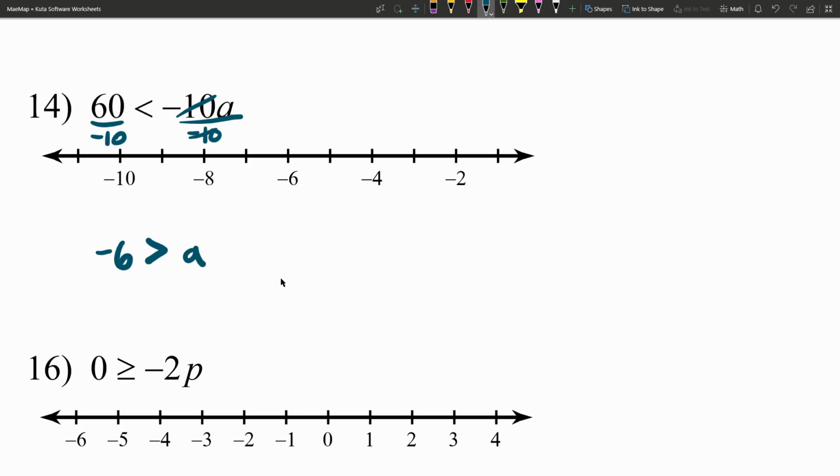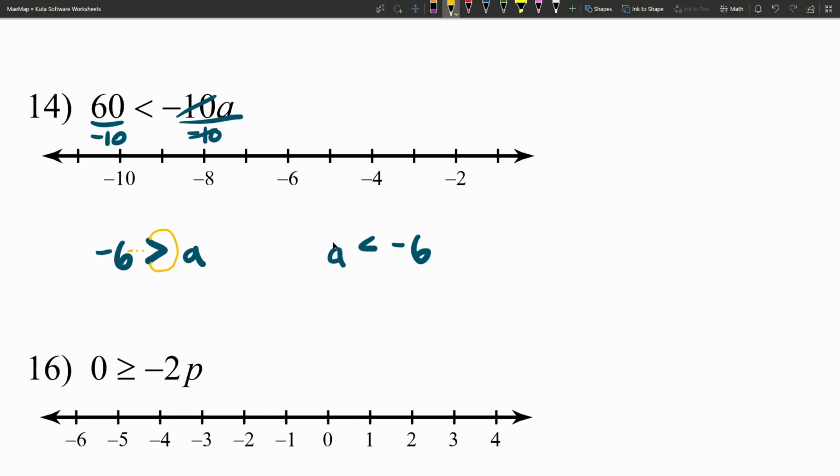Another way we can write this, if we want our variable on our left-hand side, is to write it as a is less than negative 6. We can always flip the sides of our inequality, but when we flip the sides, we need to remember to also flip the sign. Because as I've stated in previous videos, think of this as an alligator or Miss Pac-Man. They always want to eat that larger value. So negative 6 is greater than a.